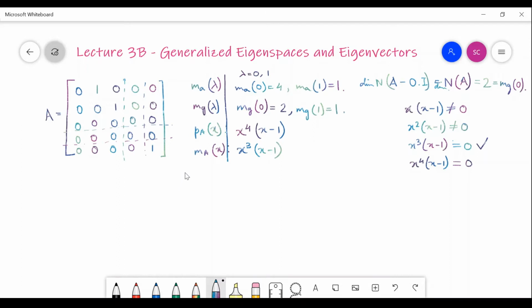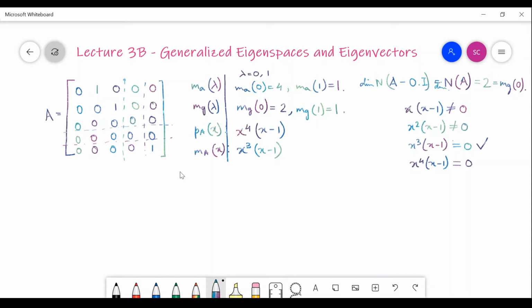Now notice something from which I will make a general statement. I will make the statement first and then I will also go into the theoretical discussion behind it. It is not like a proof, but I will try to show you that for a general matrix also the statement that I am going to make will hold.